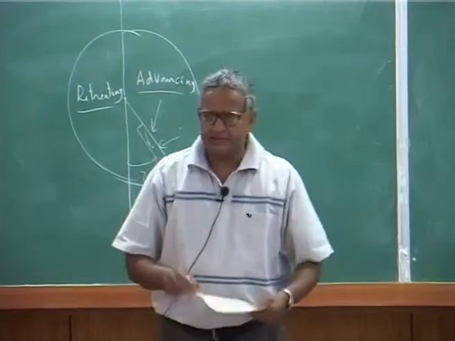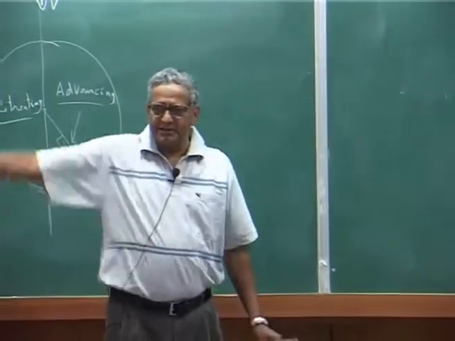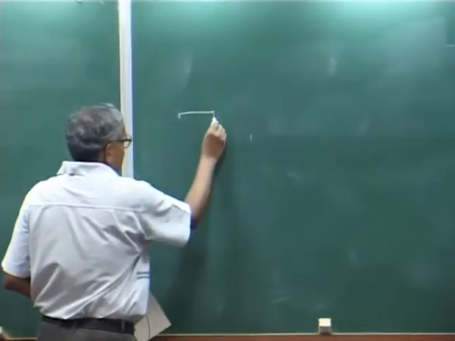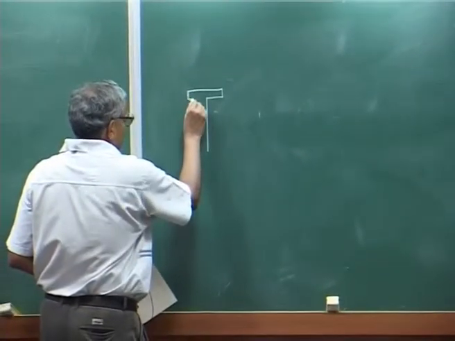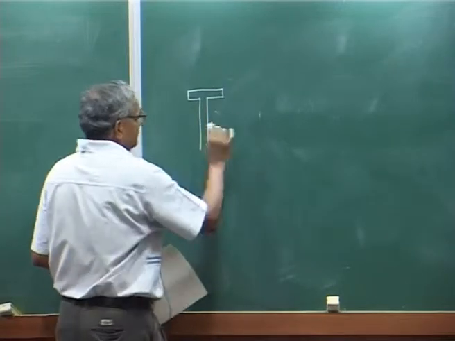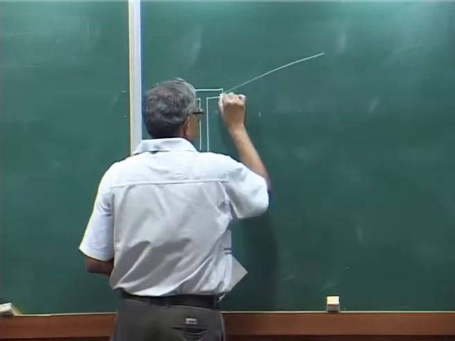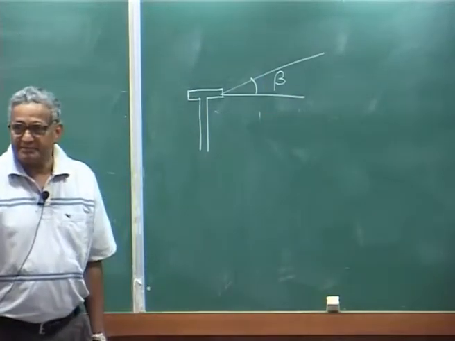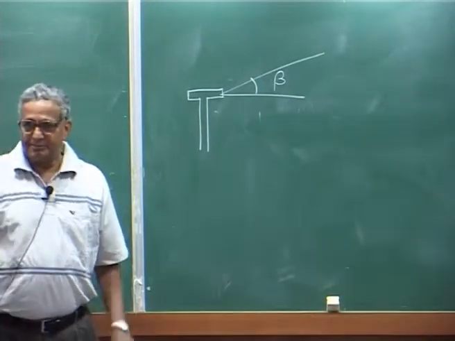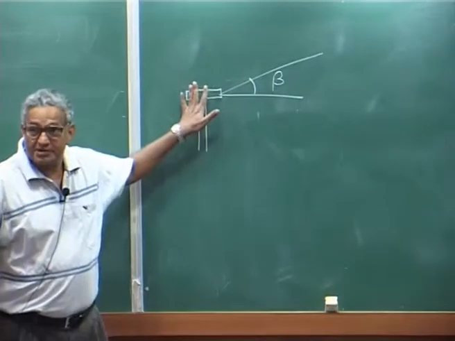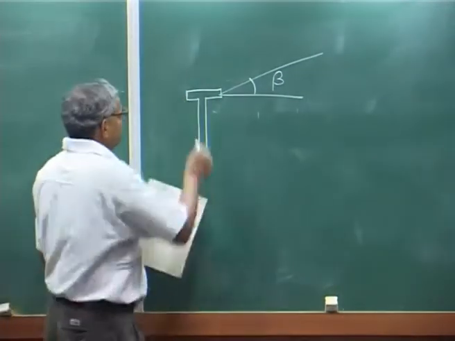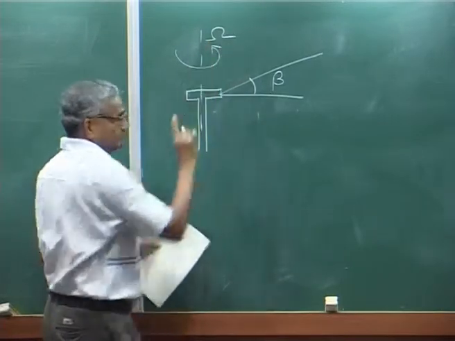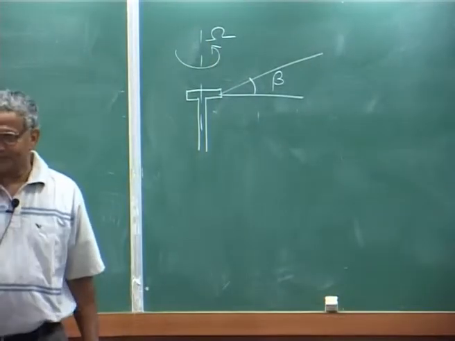Okay. Let us take a very simple case. The blade is flapping, and let us say this is the hub, and the blade is at angle, I call it beta. But this is one approximation I am showing, because this is rotating.